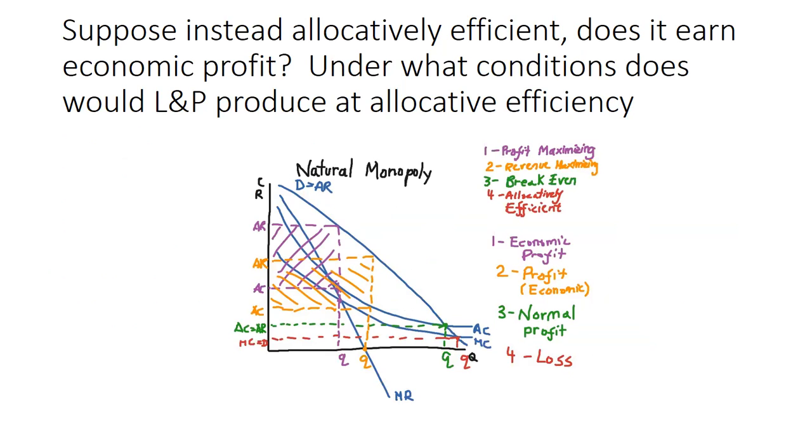And by the way, if you had an upward sloping MC, when MC crosses demand, it hurts you because then you're making profit and you shouldn't be in a natural monopoly. But people got the profit maximizers very strong. People got the profit box really strong. People got the AC crossing demand really strong. So there's a lot of good parts there.